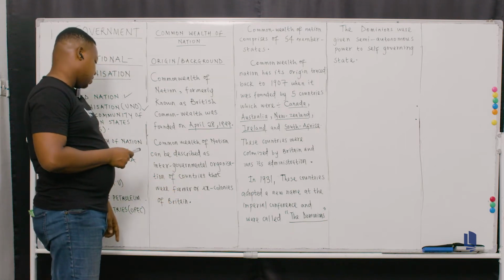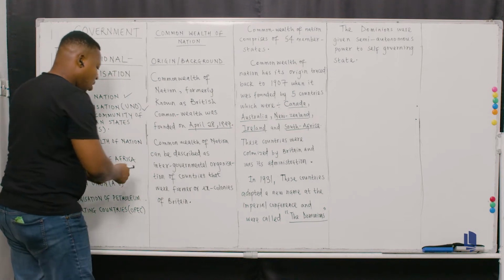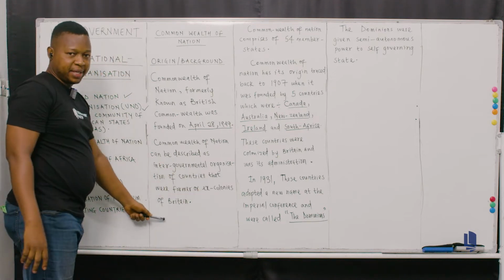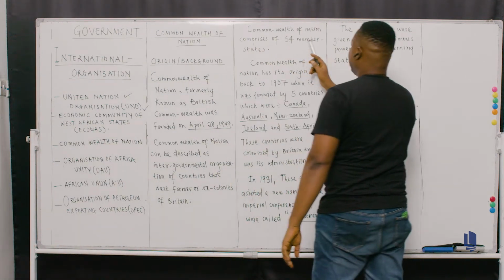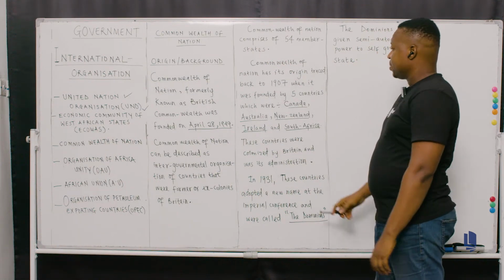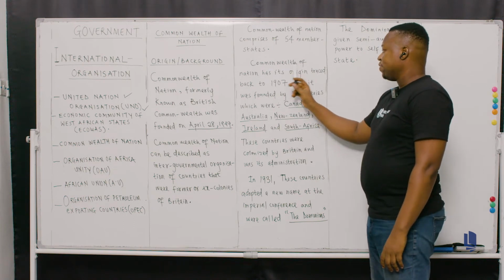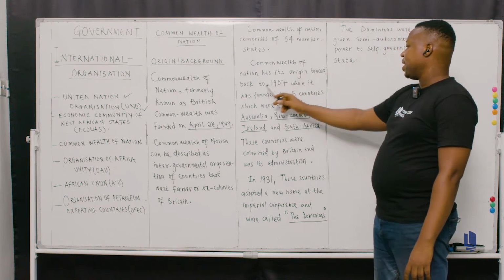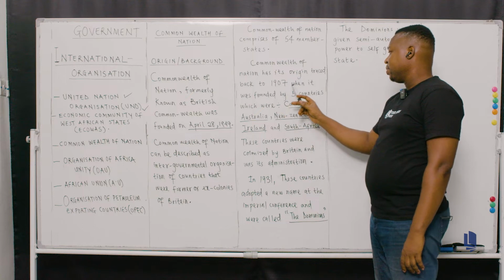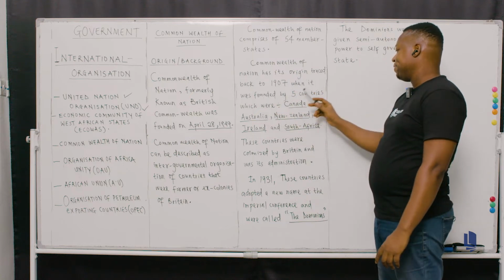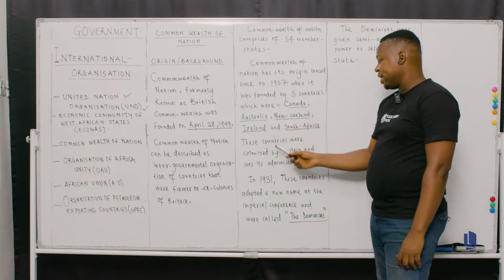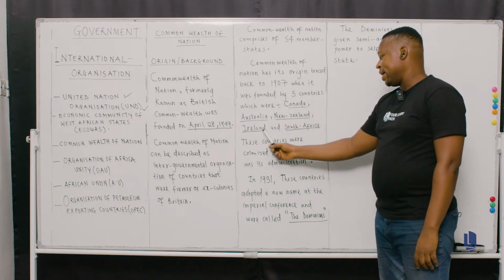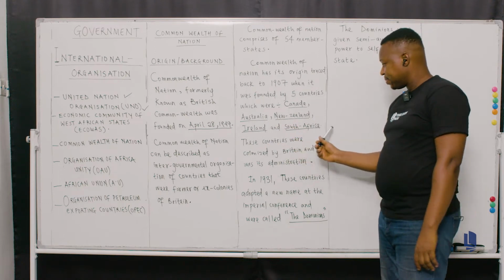They were former or ex-colonies of Britain. Commonwealth of Nations comprises 54 member states. Commonwealth of Nations has its origin traced back to 1907 when it was founded by 5 countries, which were Canada, Australia, New Zealand, Ireland, and South Africa.